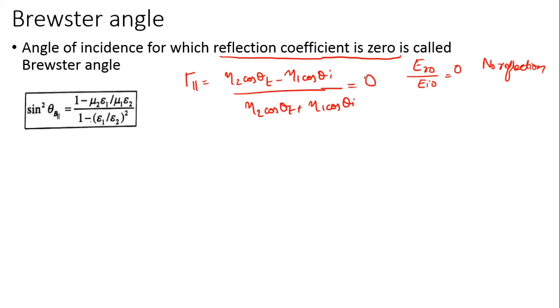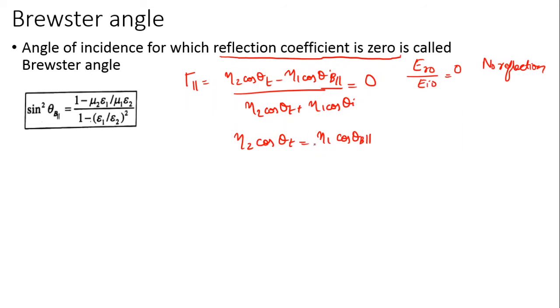For this to be 0, theta I will be theta b parallel. Taking the numerator, you can write eta 2 cos theta t is equal to eta 1 cos theta b parallel, because the reflection coefficient is 0 when the angle of incidence is the Brewster angle.